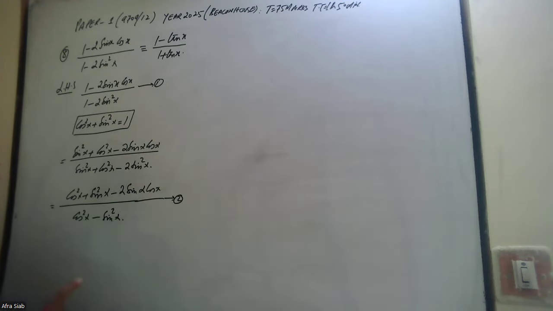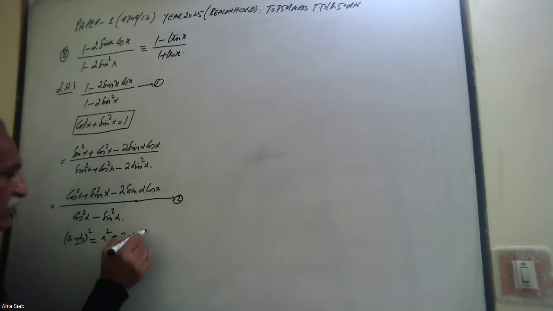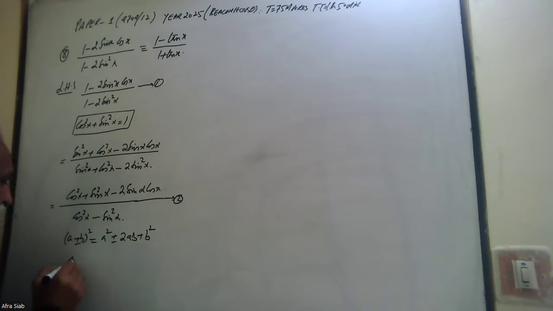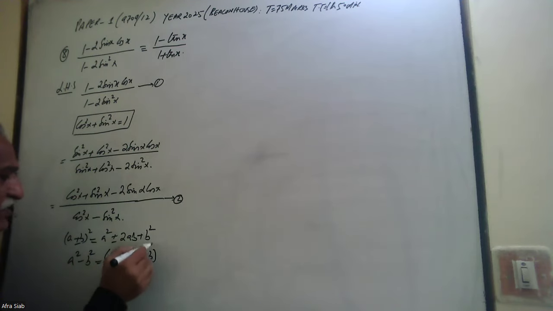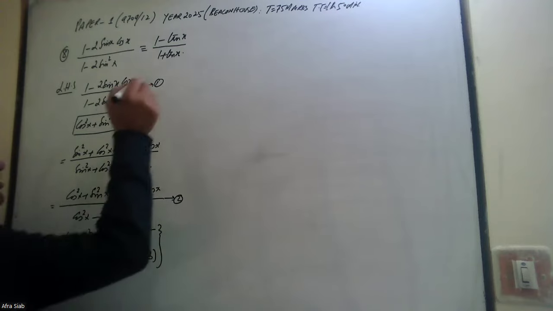But we know also one thing, that a plus b whole square is equal to a square plus minus 2ab plus b square, and a square minus b square is equal to a plus b into a minus b. So we are going to use these two identities into this equation number 2.